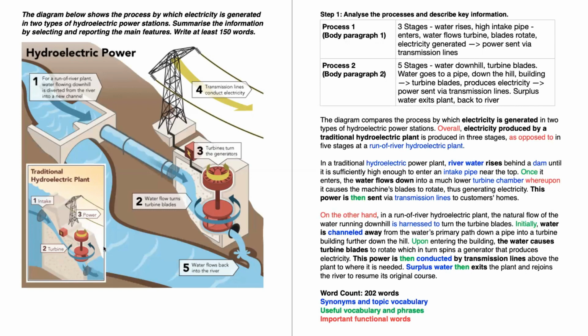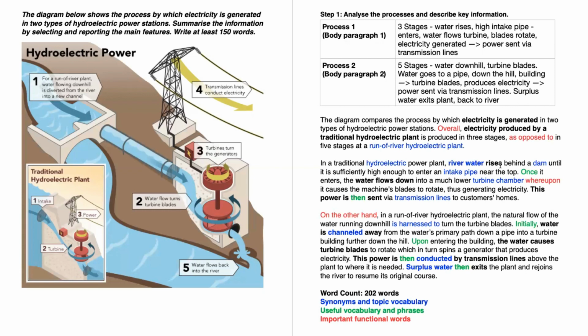This power is then sent via transmission lines to customers' homes. Now again, our words in blue are very specific to this type of prompt, and I knew it was river water just because of this phrase here in the other process diagram, so really use this to your advantage.